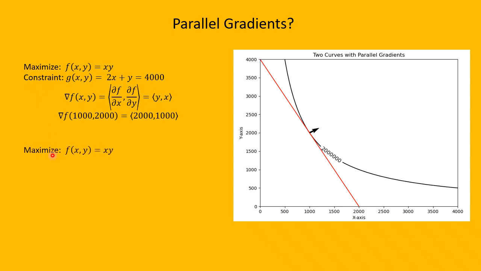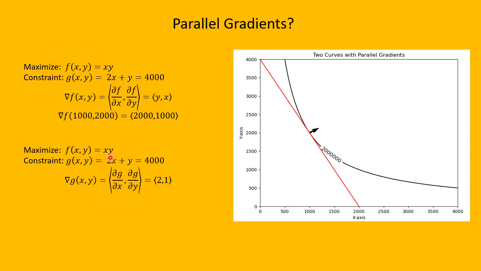So then let's look at the other part of this. Maximize this function f, with this constraint, same as up here. And if we look at the gradient of g at x y, which is the partial of g with respect to x, partial of g with respect to y for the first and second components of this vector.